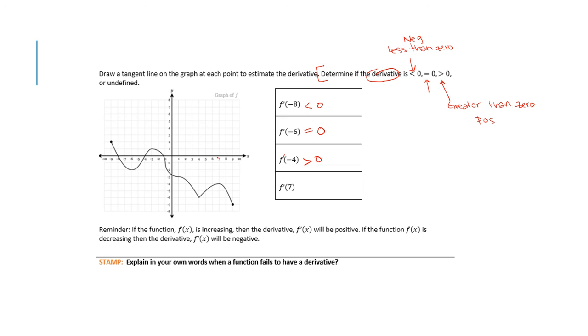Here is f prime of 7. Should be looking around here.